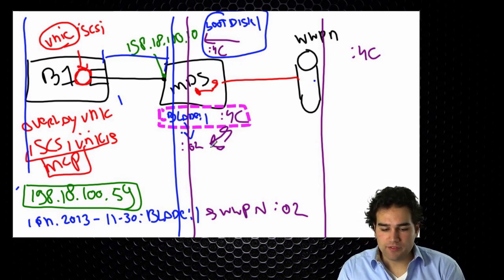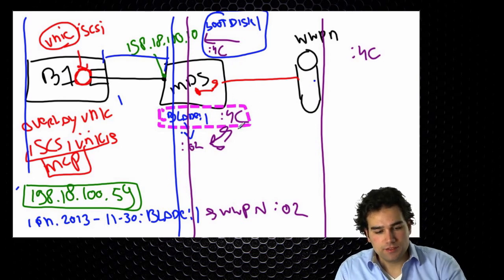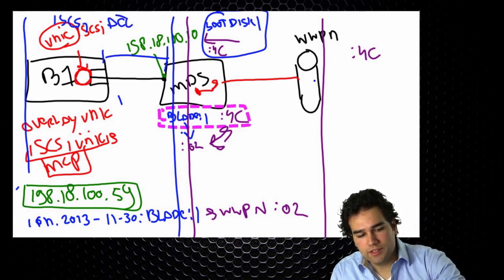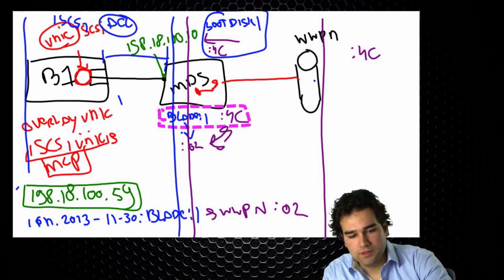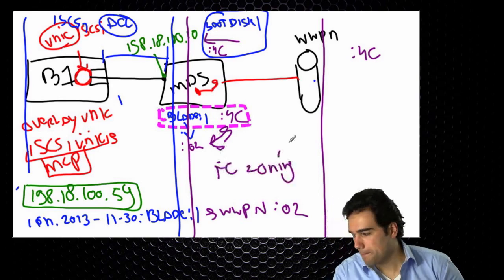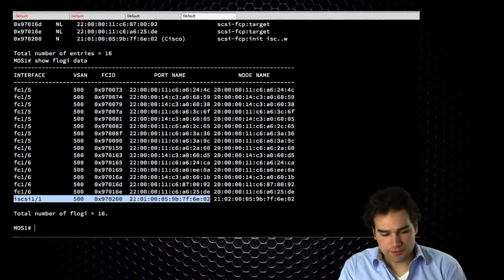And then because I have that 02 host here, and I have that 4C disk here, what remains is, here I have something called iSCSI access control lists, so ACLs, as you can call them. And here on the fiber channel side, I have my fiber channel zoning that I need to take care of. So the last part here is to zone these two together.